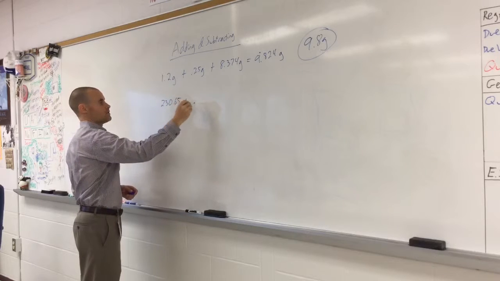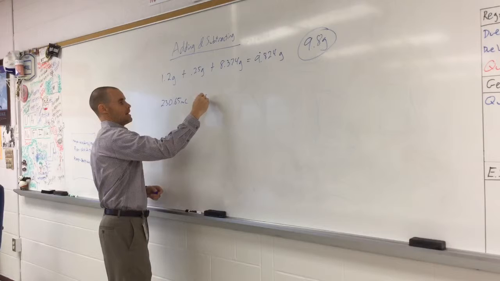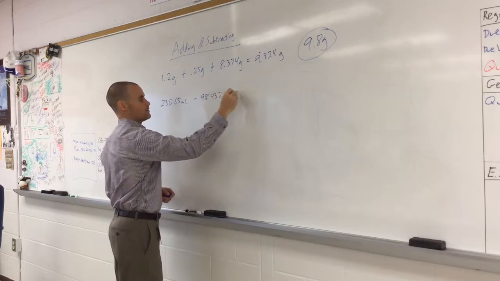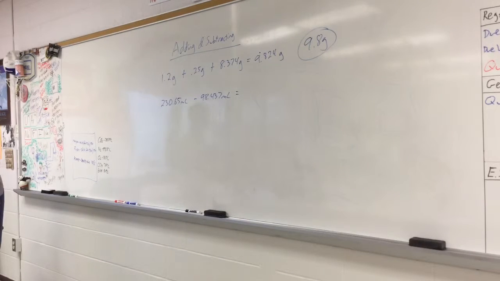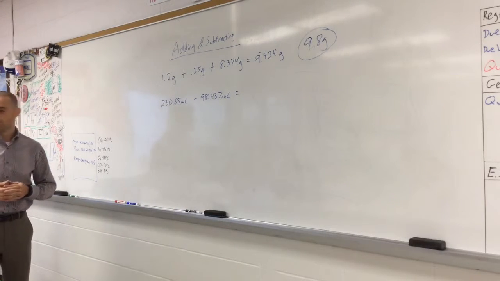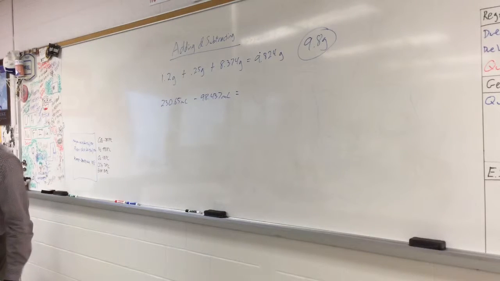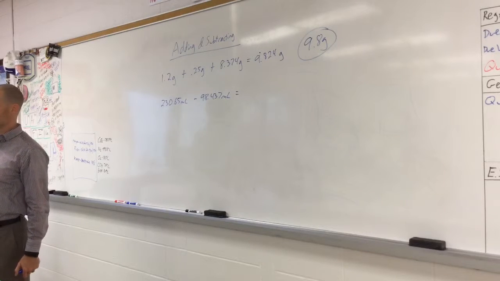230.65 milliliters minus 98.437 milliliters. Subtract those two numbers. I'll call on somebody to give me the entire answer, and then I'll show you how to round it. And then I'll call on someone to tell us what's the rule.